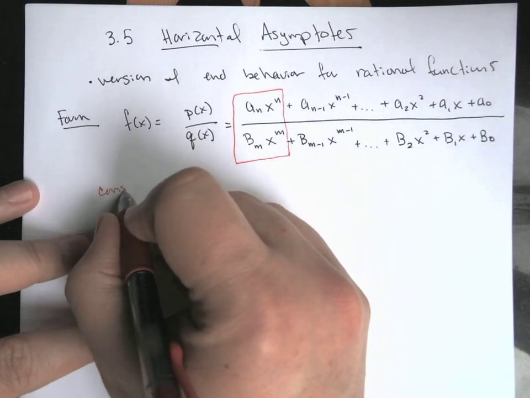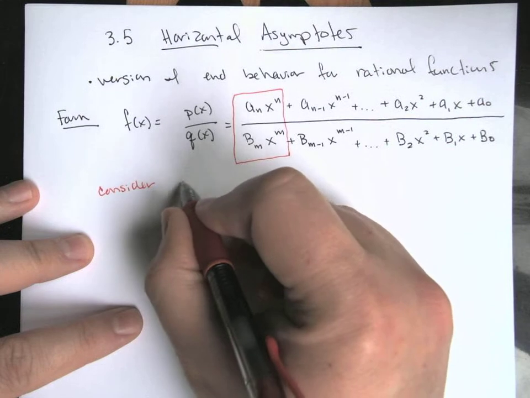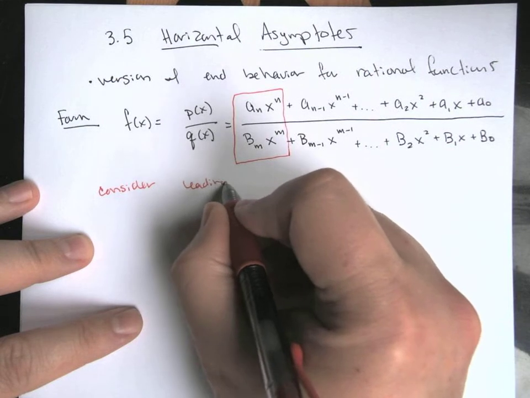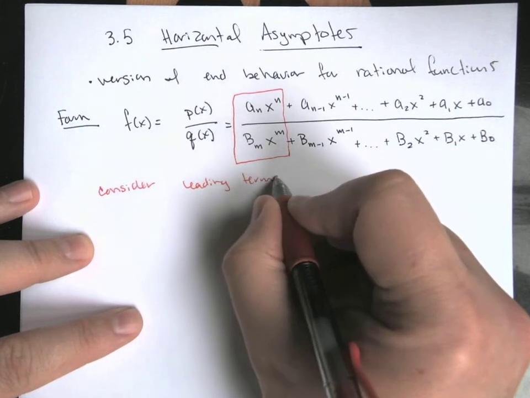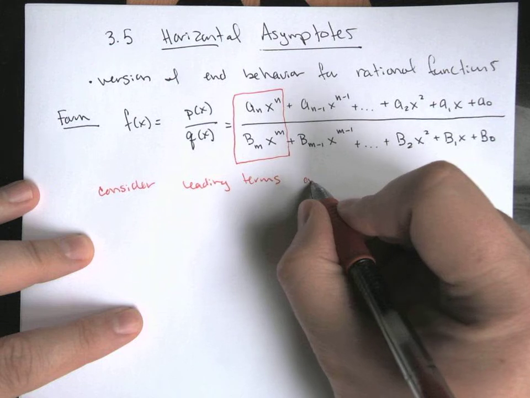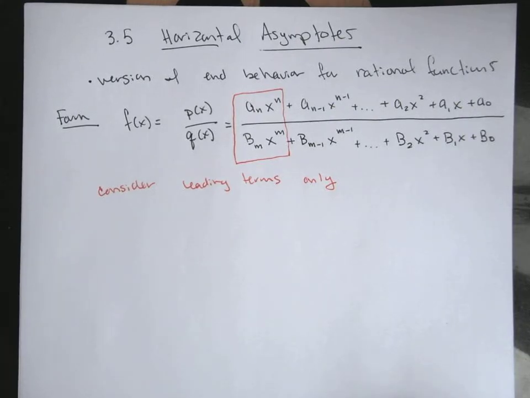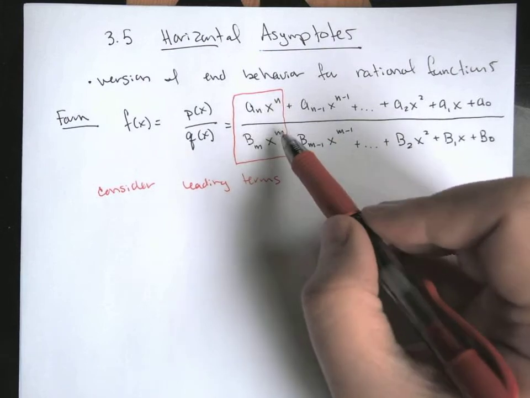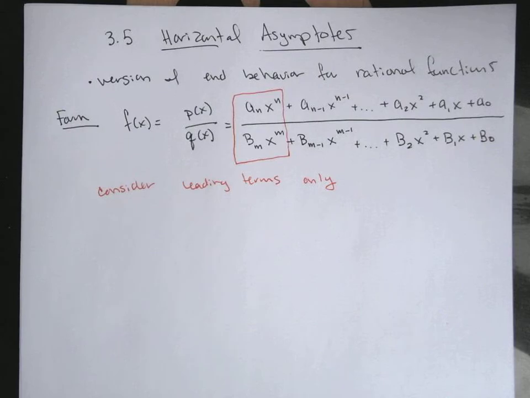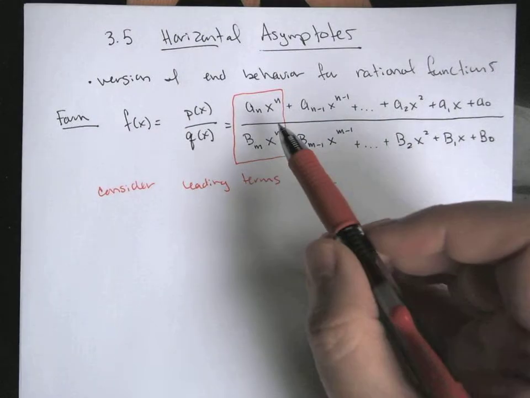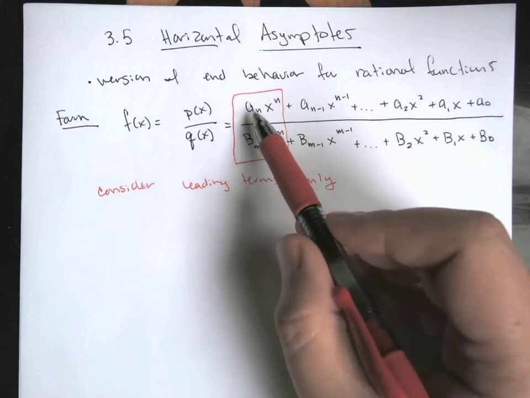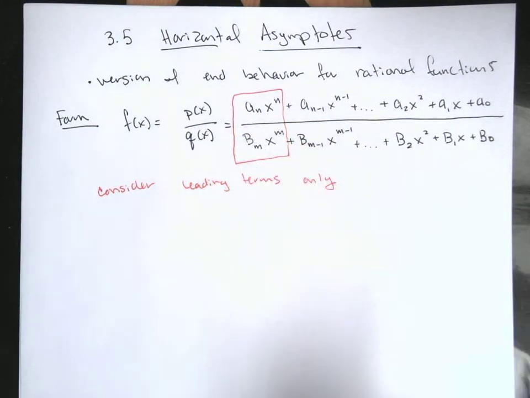So we're going to consider the leading terms from the top and the bottom only. So the results here are really only going to depend on the relationship between the degree on the top and the bottom, which is the powers on the biggest x's, and then the relationship between the two coefficients.